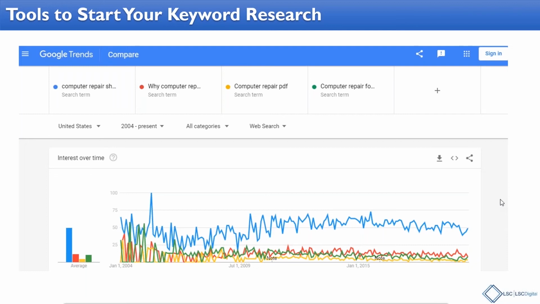Computer repair PDF, I was actually kind of surprised that it had interest that's pretty much trailing off. And I think we could hypothesize a few reasons around that. And then computer repair for business was also very surprising, that the trends were going down. So I get an idea of interest over time on these terms.